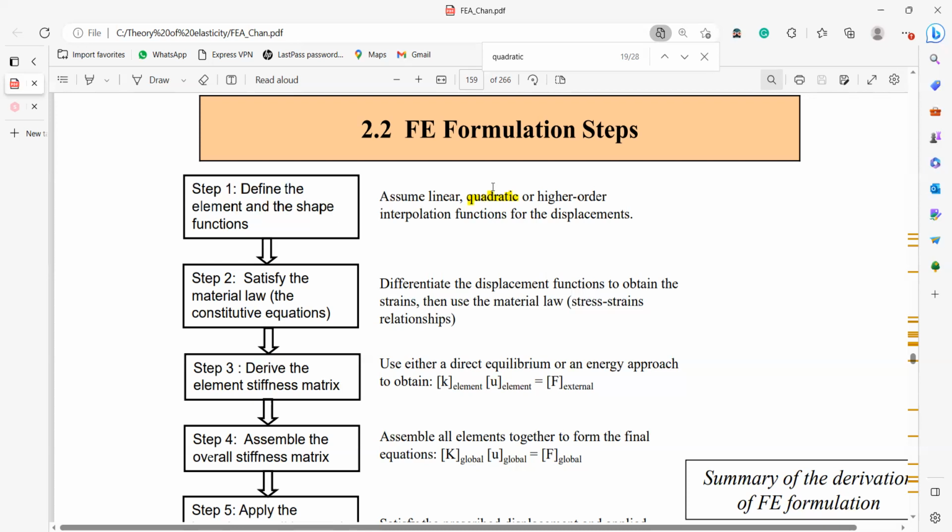Two elements with quadratic was better than four elements. So the order is also important, apart from the number of elements, whether it is coarse, fine, too fine, ultra fine. Apart from the number of elements, shape functions also matter.